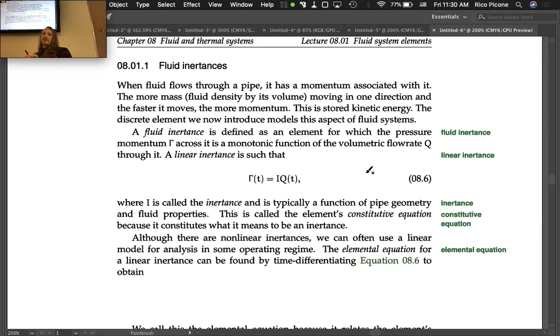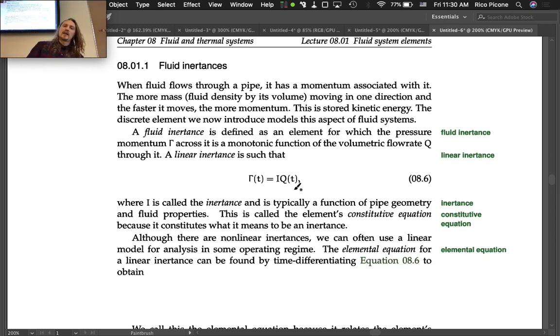There's a lot that goes into it. So, a fluid inertance is what we're going to use to model this. It's defined as an element for which the pressure momentum gamma across it is a monotonic function of the volumetric flow rate Q through it.